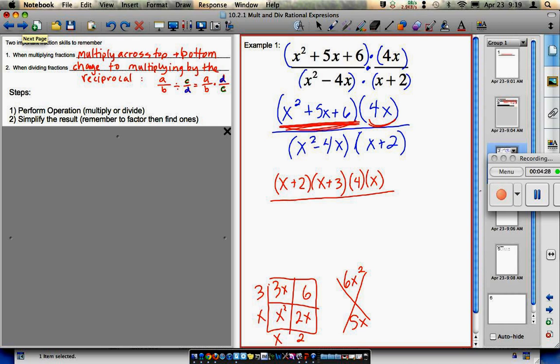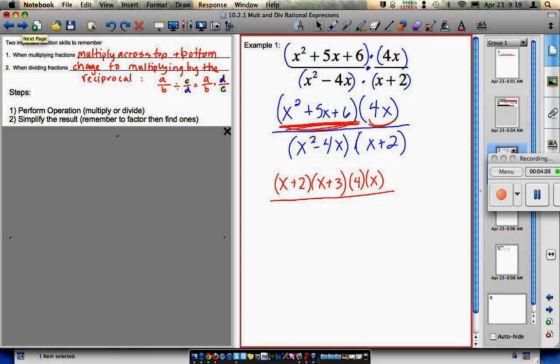So in taking a look at the bottom, once again I'm going to start by performing step number 2 and simplifying by factoring. So I look at this first factor and I think, can I factor that more? And hopefully you see they both have an x, and there's only one x in each of them, so I can factor out an x from the sum x squared minus 4x.